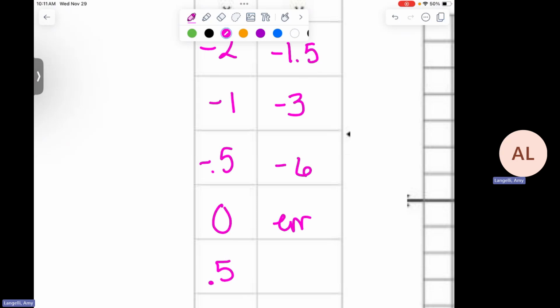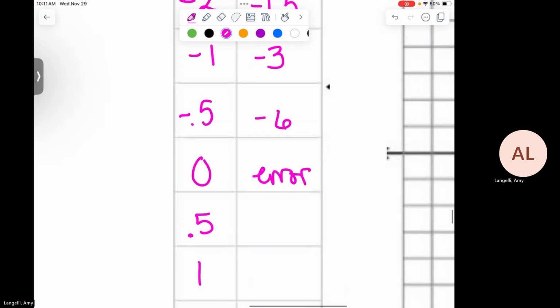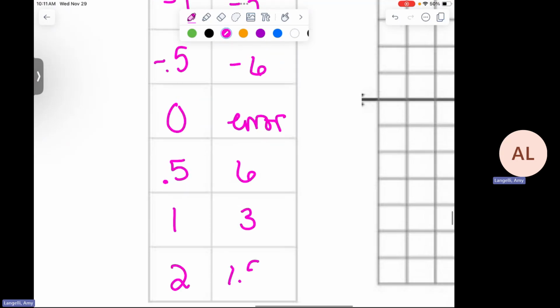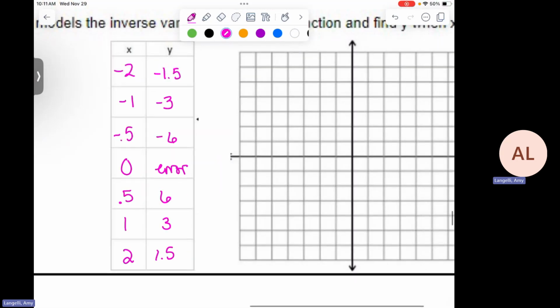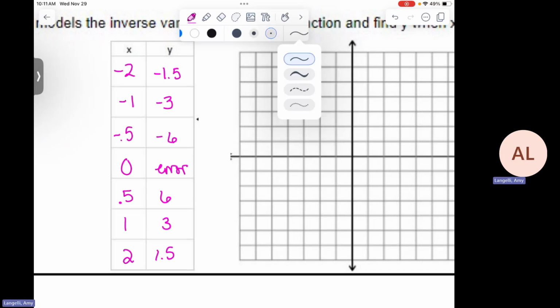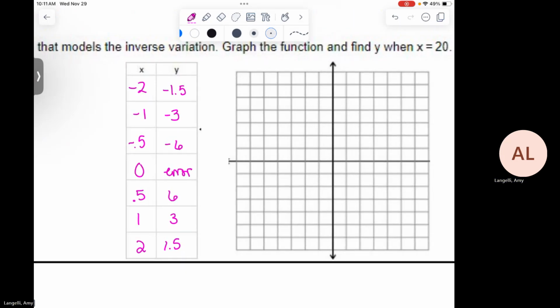And this would be an error because you can't divide by 0. Positive 6, positive 3, positive 1.5. Feel free to use the table on your calculator. Ooh, the asymptotes. These all have asymptotes. Let me get my broken line. Do you guys know where the asymptotes are on this one?